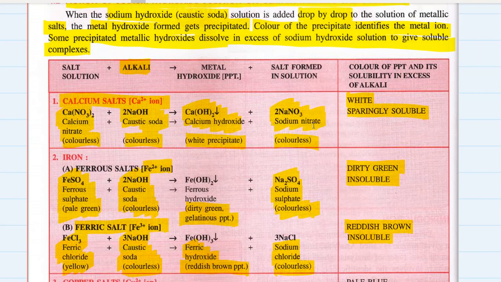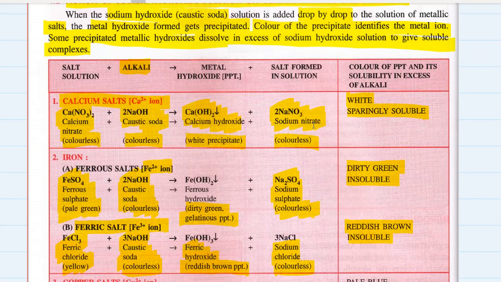There will definitely be a formation of precipitate. You have to observe the color of the precipitate. The color of the precipitate will tell you the nature of the metallic ion present in the original salt solution, which we are qualitatively analyzing.